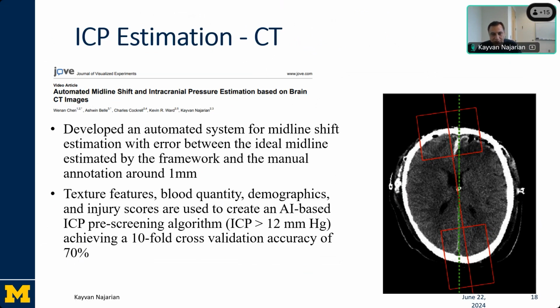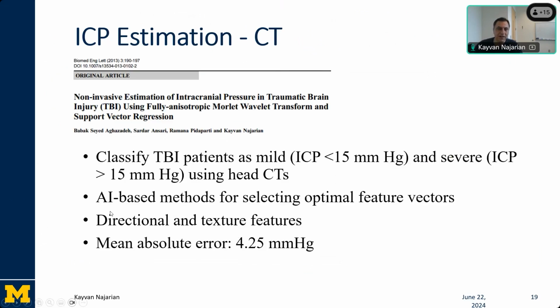So before a sensor is placed inside the brain, we have an estimation of where the range of ICP is. And we enhance that approach by adding more features and more mathematical techniques. We use that for binary estimation of ICP, with 15 millimeters of mercury as the threshold as opposed to 12.